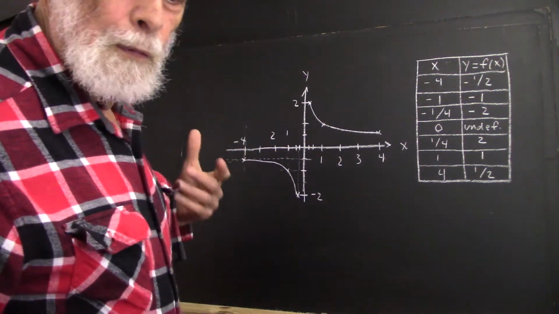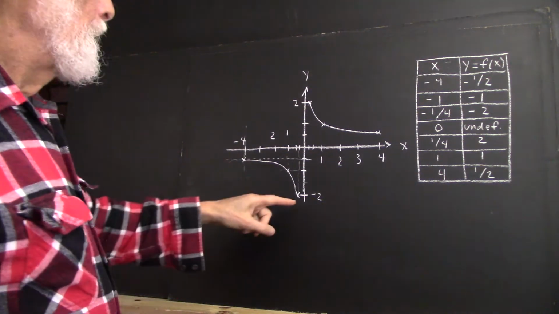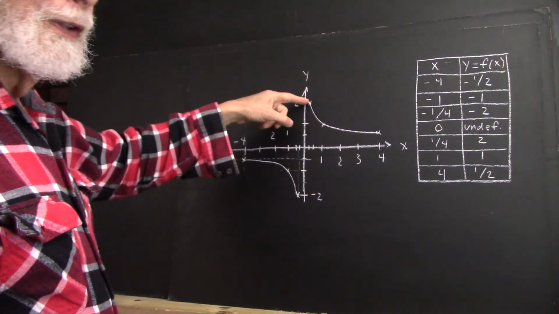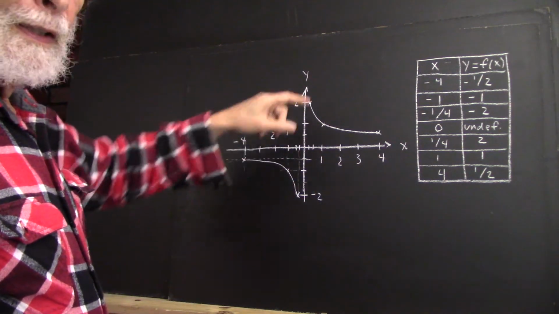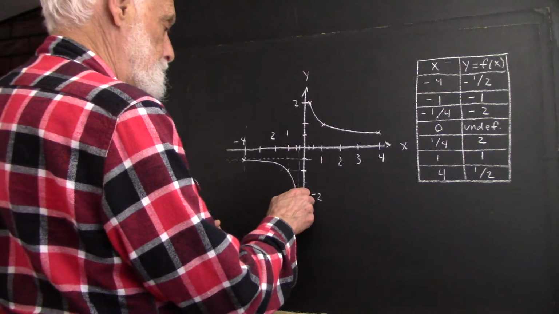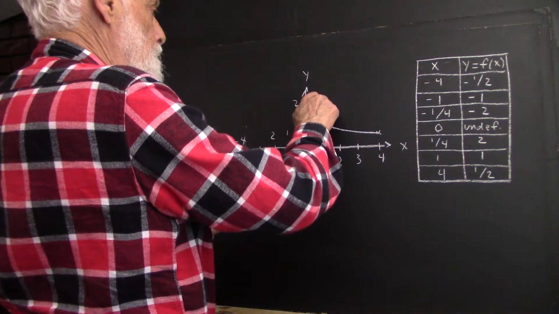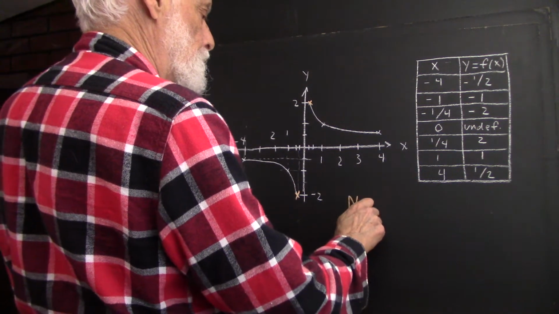One thing that we're fairly sure of, the curve doesn't connect this point to this point. Okay, these points are not connected. So this is a big deal.